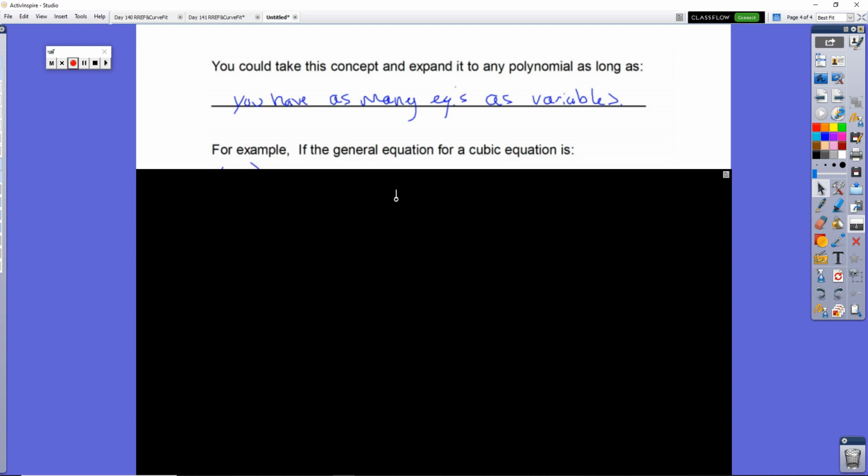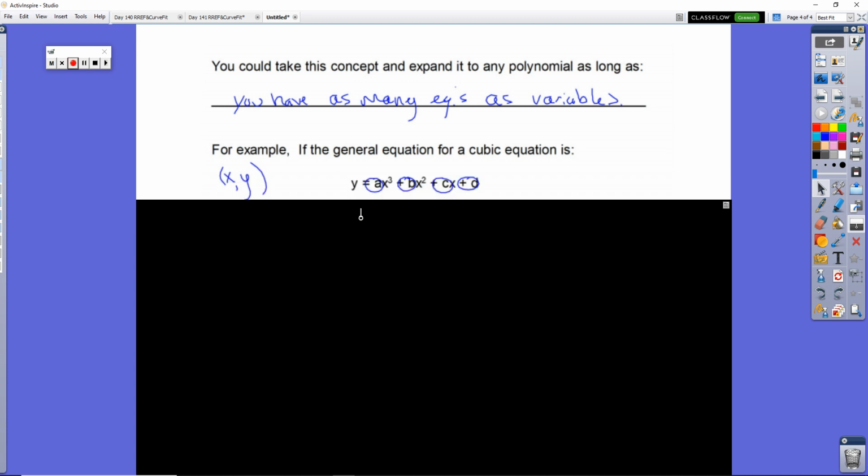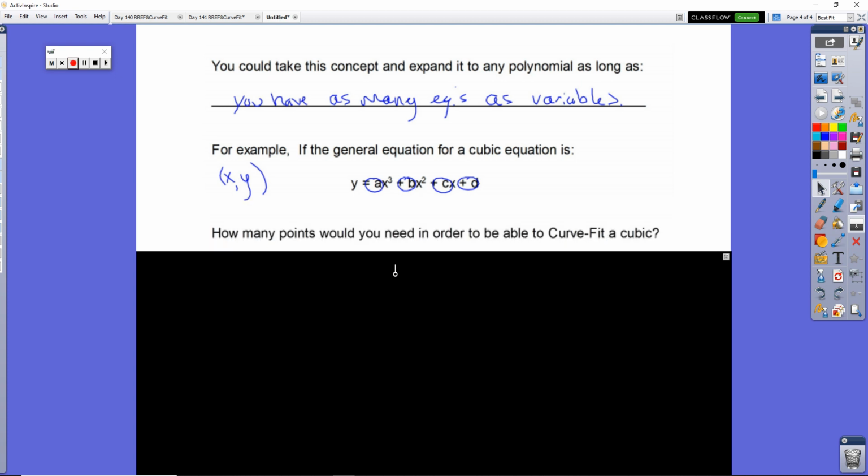So for example, and this is the one that you're going to have to do for the homework assignment, a cubic, which is defined by this formula, y equals ax cubed plus bx squared plus cx plus d, how many points would you need in order to be able to curve fit a cubic? Now remember, if they're going to be giving us the points, that means they're giving us the x and the y coordinates.